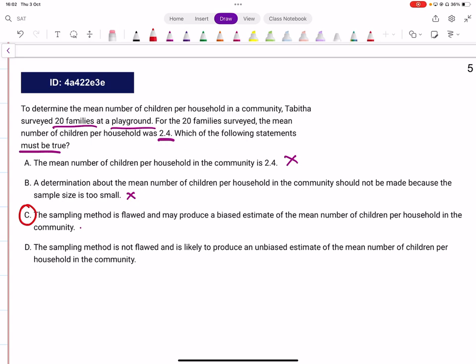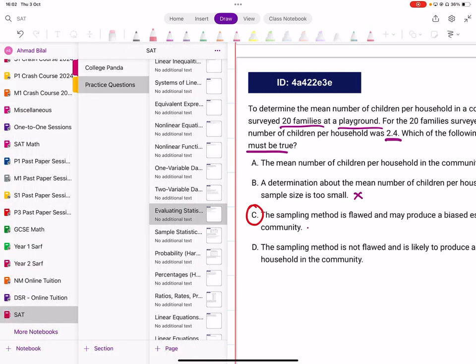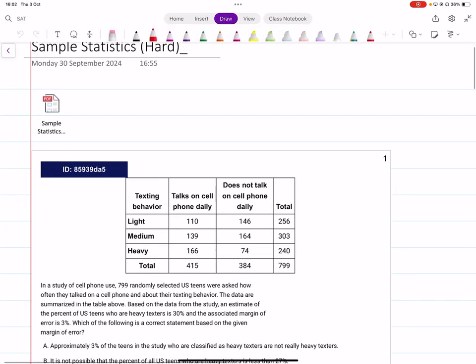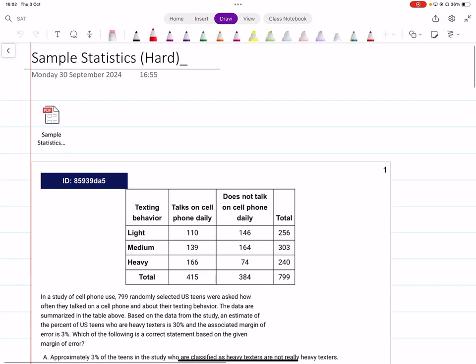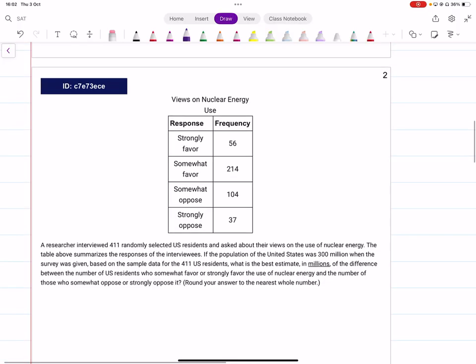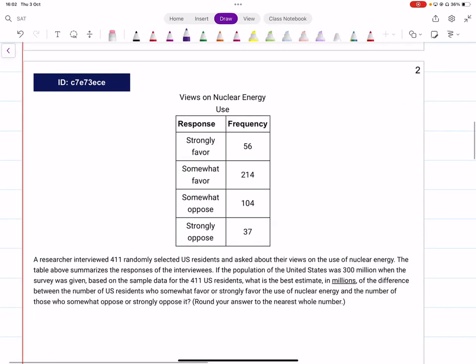So this was the statistical claims PDF. The next one is sample statistics. So you've asked about question number 2 and 3 from this PDF. Question 2. A researcher interviewed 411 randomly selected US students and asked about their views on the use of nuclear energy. You have this data here: strongly favor, somewhat favor, and so on.